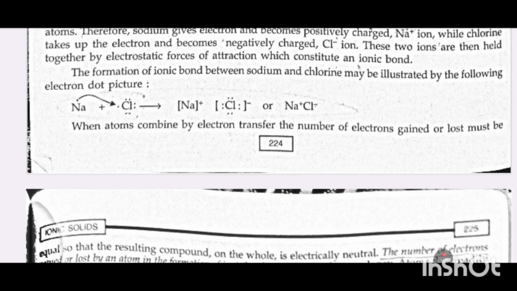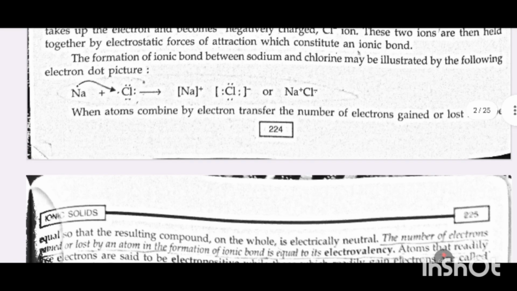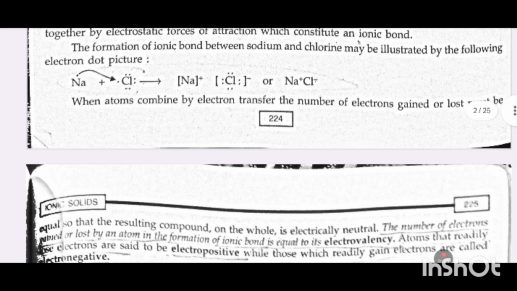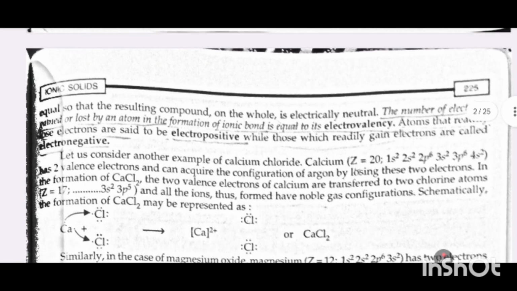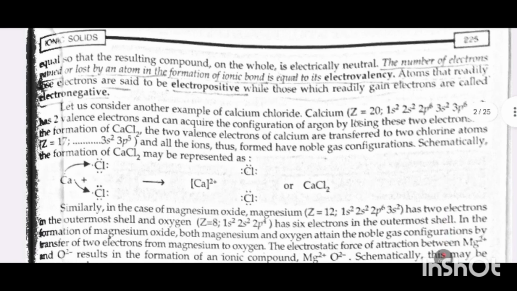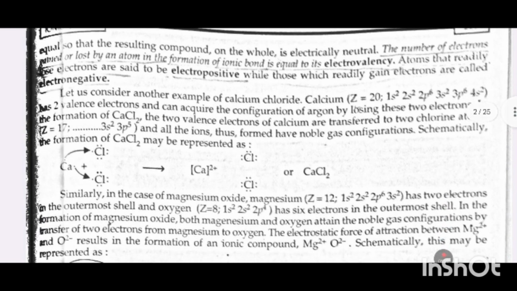The formation of ionic bond between sodium and chlorine may be illustrated by the following electron dot picture. When atoms combine by electron transfer, the number of electrons gained or lost must be equal so that the resulting compound on the whole is electrically neutral.